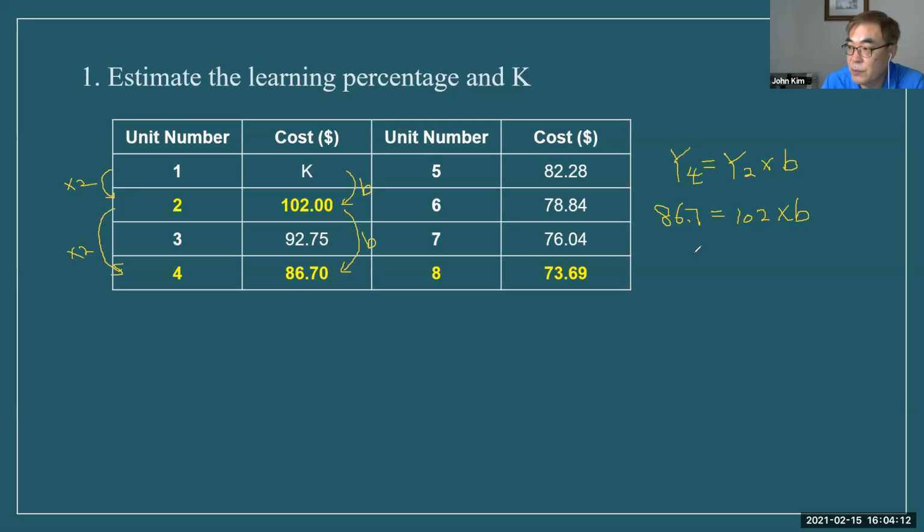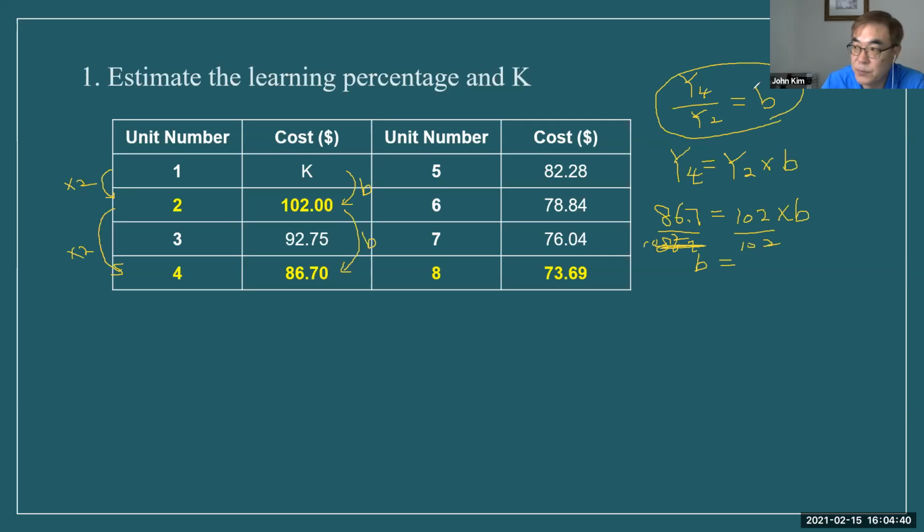So B will be 86.7 divided by 102. That means Y4 divided by Y2 equals B.